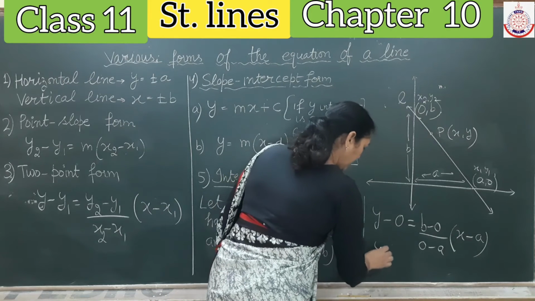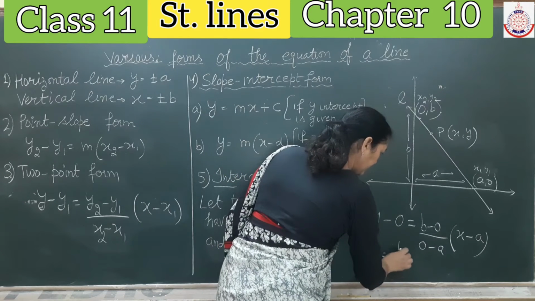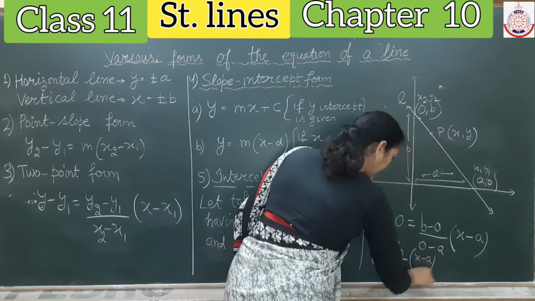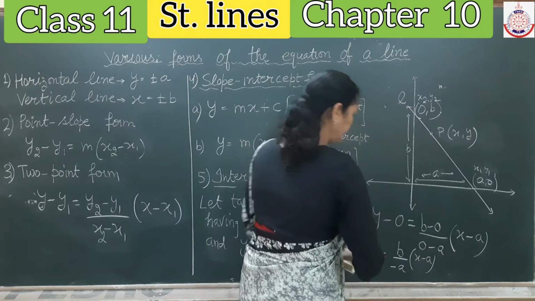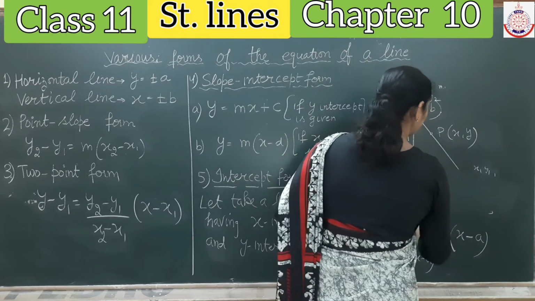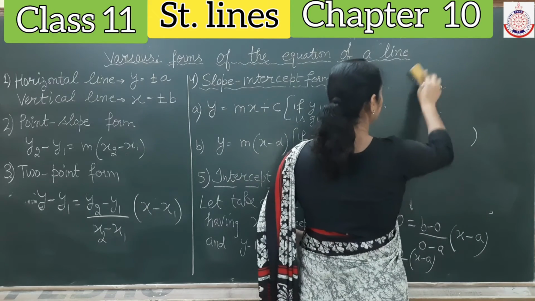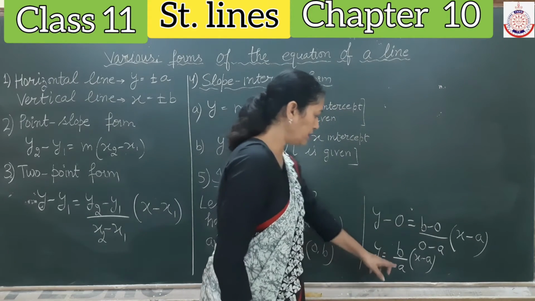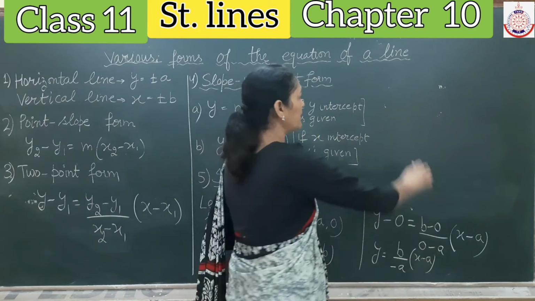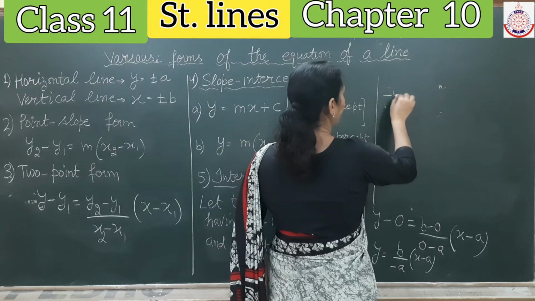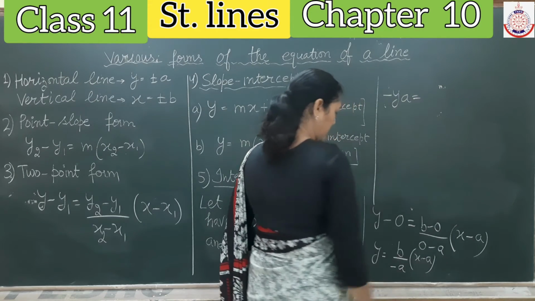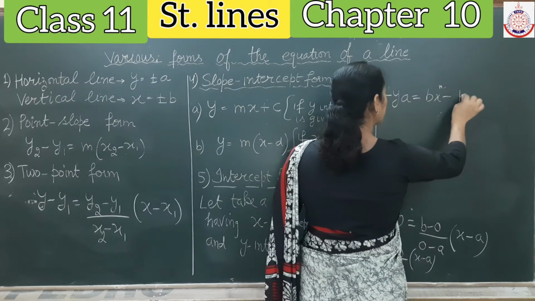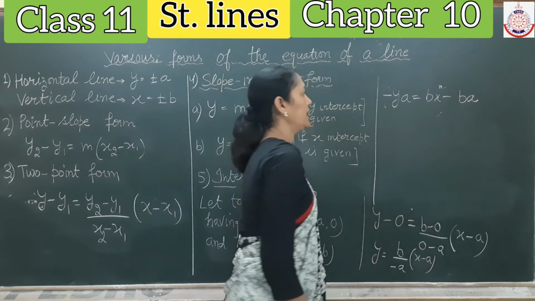So we are having y is equal to b upon minus a, times (x minus a). This a will come here, so we'll be having minus ya equals, opening the bracket, bx minus ba.